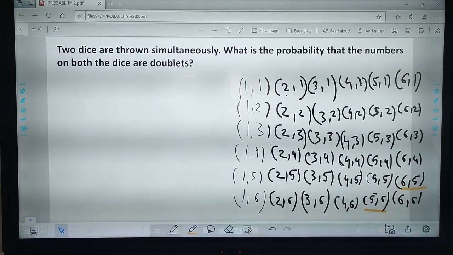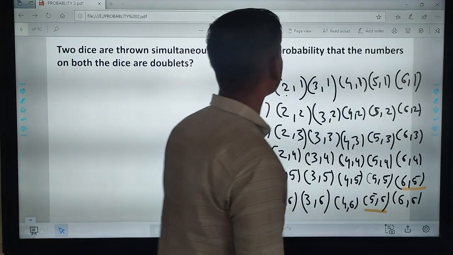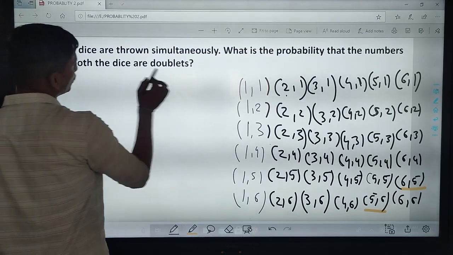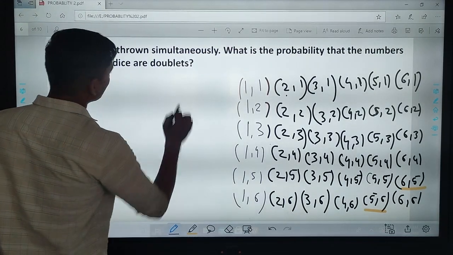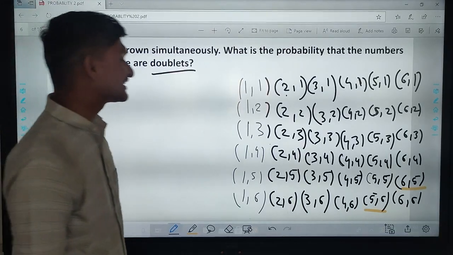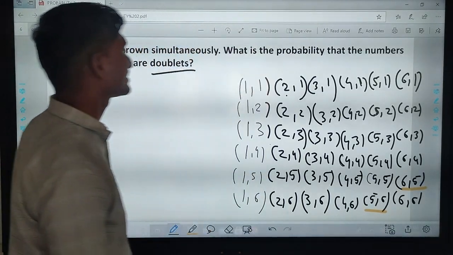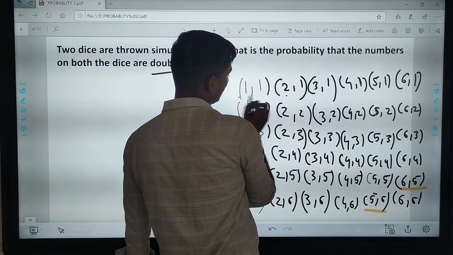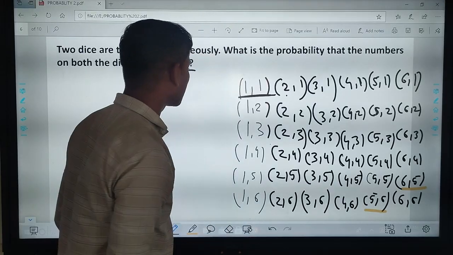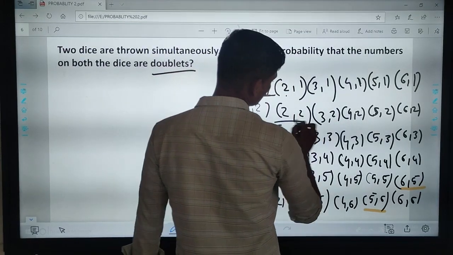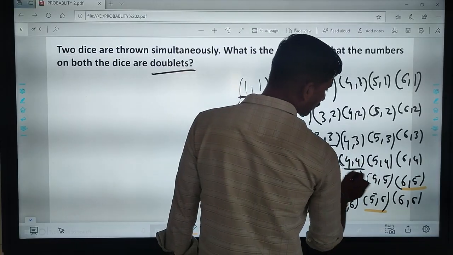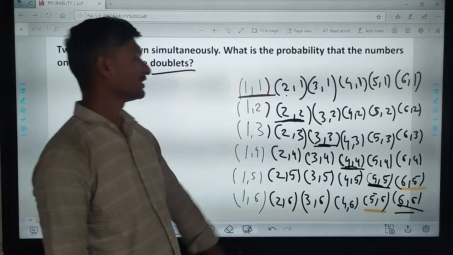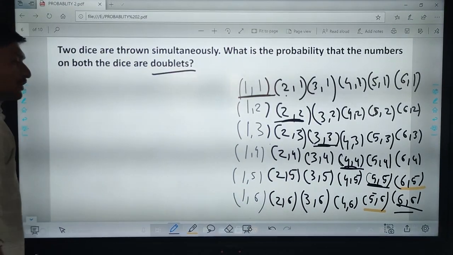Two dice are thrown simultaneously. What is the probability that the numbers on both dice are duplicate? Duplicate means the two numbers are the same: the first dice has a number and the second dice has the same number. Then these samples are 1,1, 2,2, 3,3, 4,4, 5,5, 6,6.